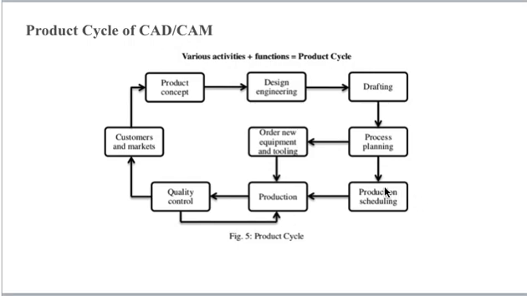Scheduling provides a plan that commits the company to the manufacture of certain quantities of the product by certain dates. Once all of these plans are formulated, the product goes to production, followed by quality testing and delivery to the customer.